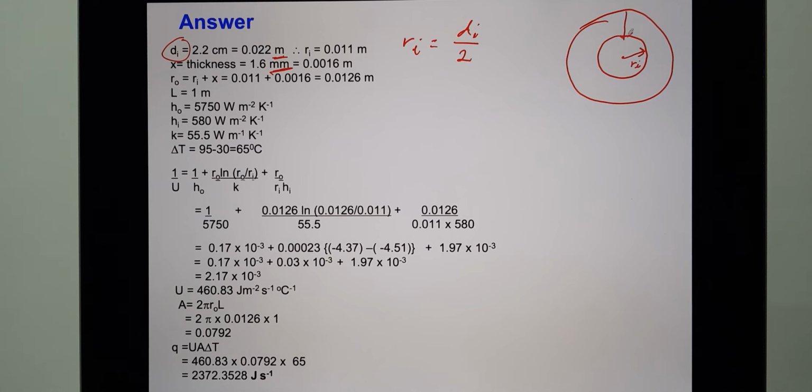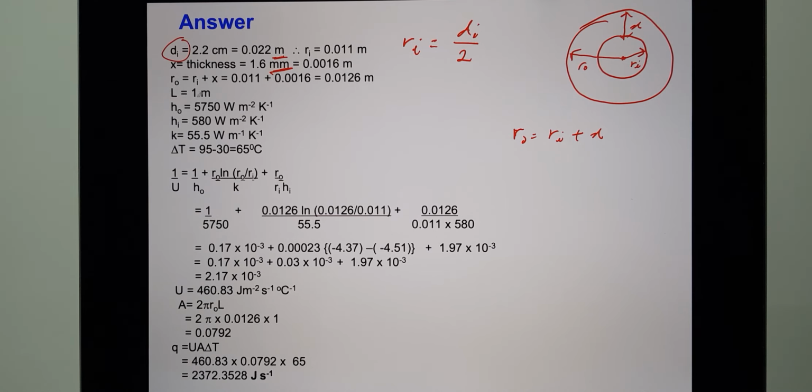In between this to here is the thickness. So from here to here is R naught. R naught equals Ri plus X. That's why you get R naught equals 0.0126 meter, from the inner radius plus the thickness.